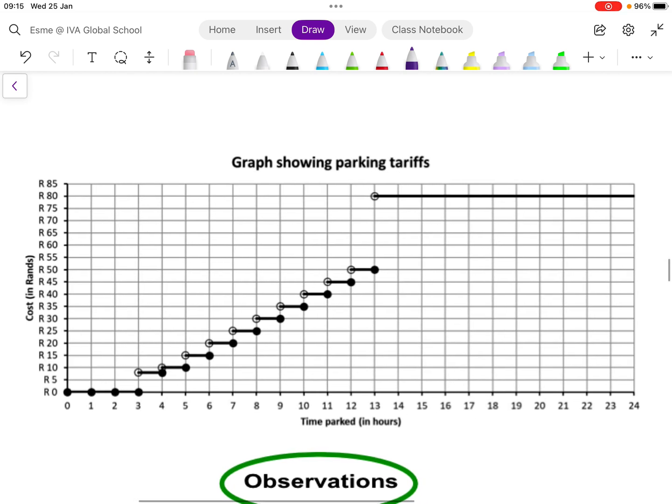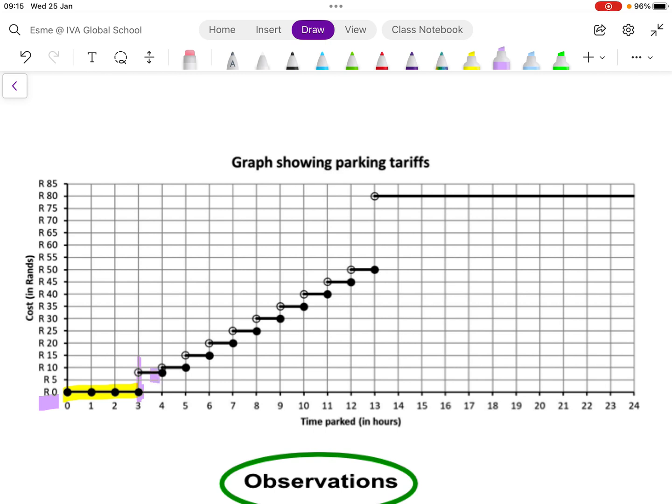Right, so from this we can see the hours that I park, I'm not paying anything up to 3 hours. You will see that over here, these two are in line. 3 hours is in line, so the closed dot means that I pay the 3 hour tariff, which is 0. If I'm parked for 3 hours and 1 second, I then have to pay the 8 Rand.